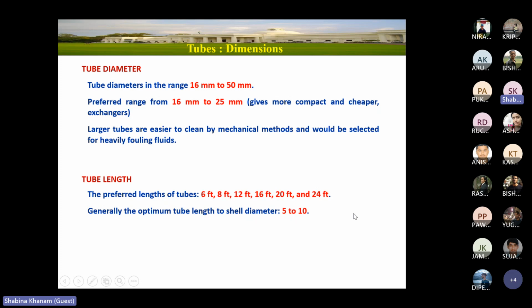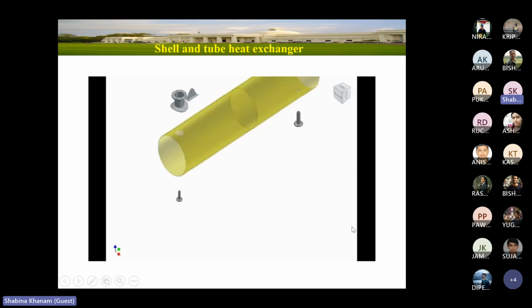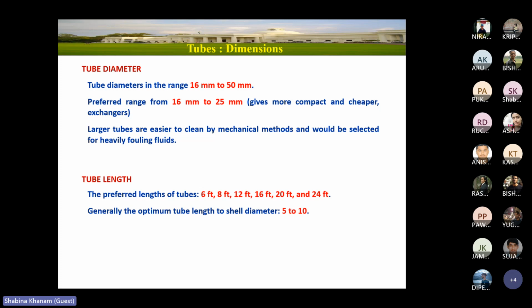If anyone is choosing 8 meter or others are choosing 6 meter, there is no problem. The thing is it should be among these values. In this way you can choose the diameter of the tube as well as the length of the tube.